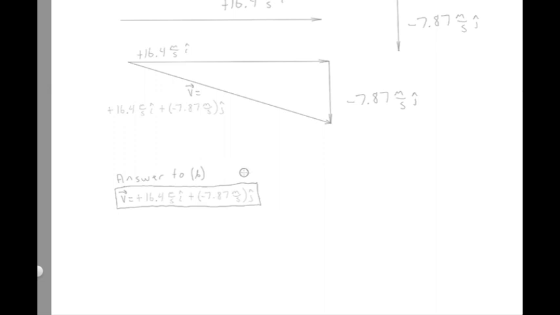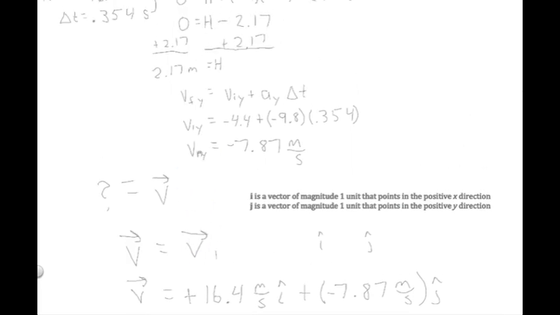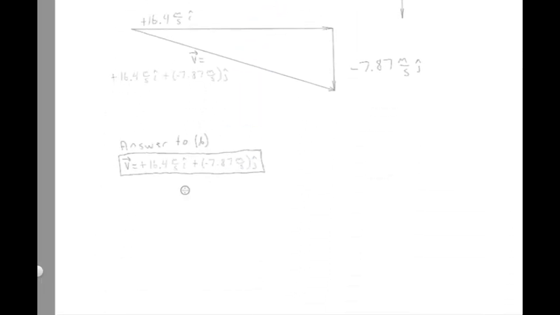Some questions might ask you for the magnitude and direction of v. Other questions might ask you to express v in terms of the unit vectors. Well, those require two different answers. So you always want to double check to make sure that you're answering the right question, the question the problem actually asked you. And I think we've also answered all parts of the question now. But we do want to pause and ask, does this answer make sense?